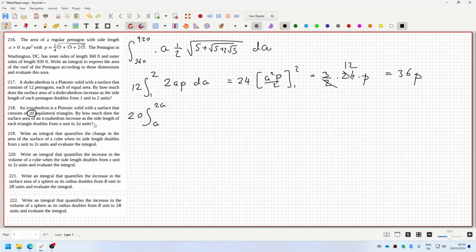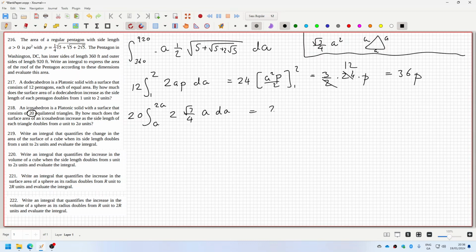For an equilateral triangle, the area formula is root 3 over 4 A squared, I think, for sides A. So that would be 2 times root 3 over 4 A dA.